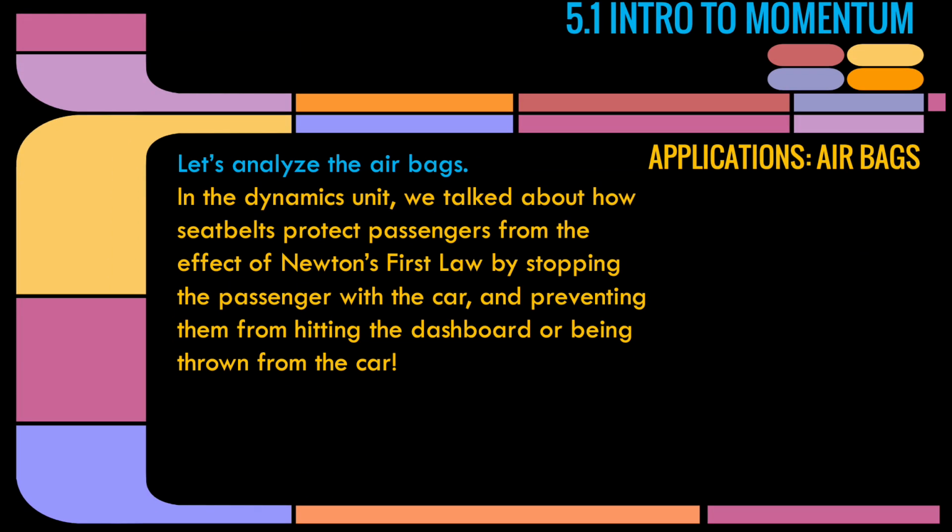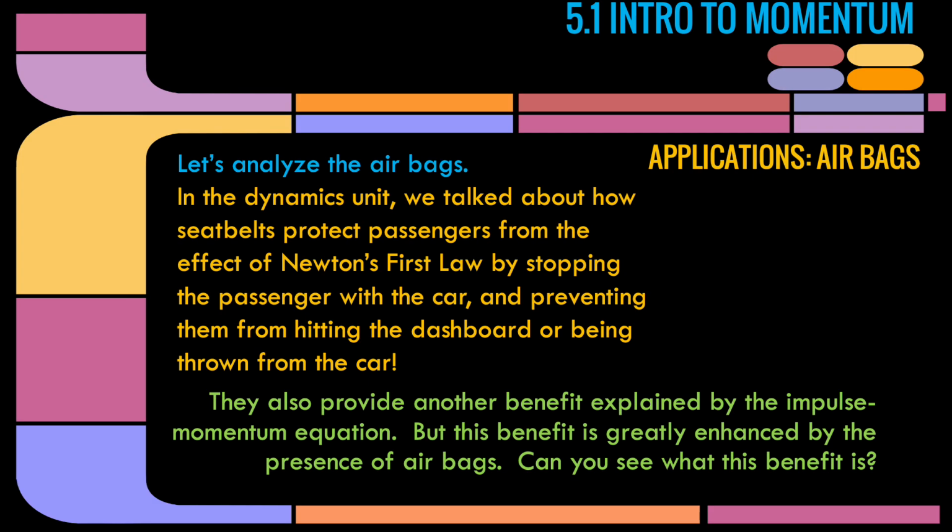In dynamics, we talked about how seat belts protect passengers from the effect of Newton's first law by stopping the passenger with the car and preventing them from hitting the dashboard or being ejected from the car. They also provide another benefit explained by the impulse momentum equation, but we can see this a lot more easily with the presence of airbags.